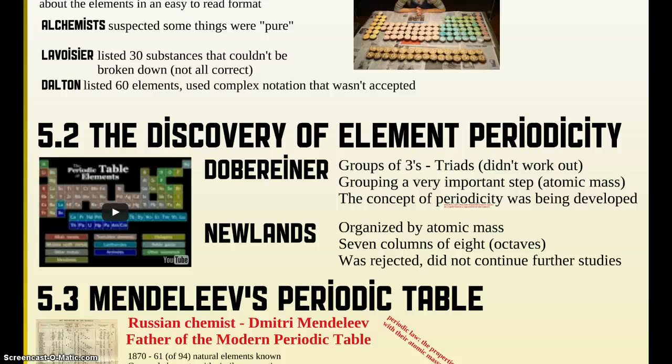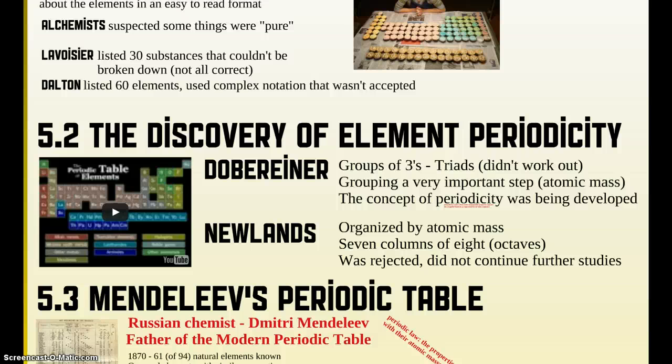From there, we'll go on to talk about Johann Dobereiner, and Dobereiner started organizing the elements according to their atomic mass and similar properties. This was in 1829, a few years after Dalton. Dobereiner came up with a method of triads.